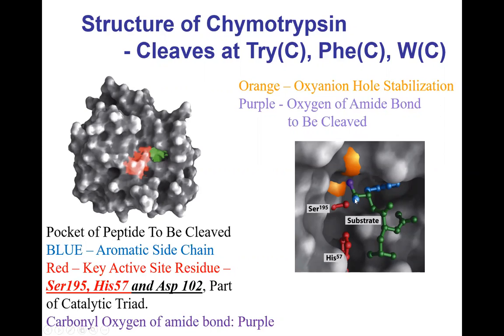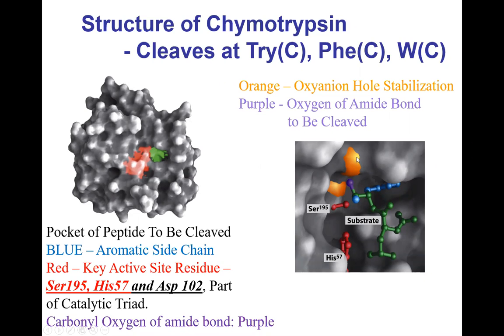So that's the bond that needs to be cleaved, between the carbonyl and the amide. You can see that the carbonyl oxygen is pointing towards these two orange patches. Those two orange patches are called oxyanion holes.